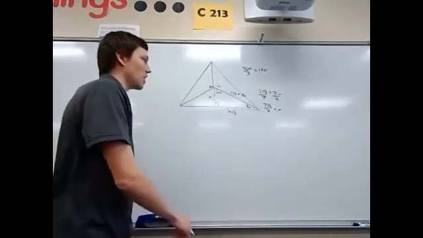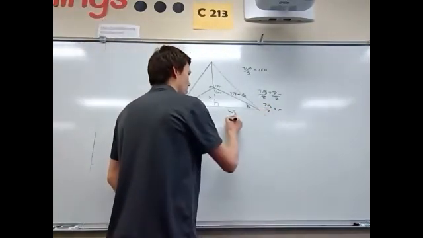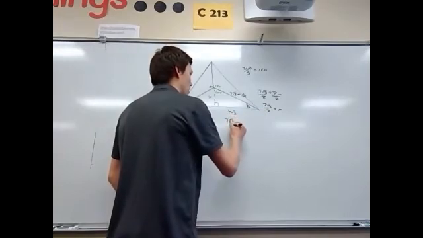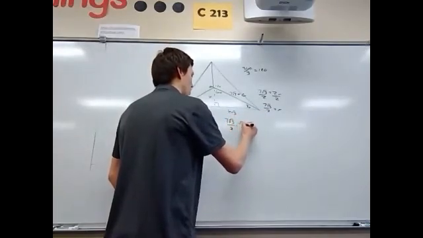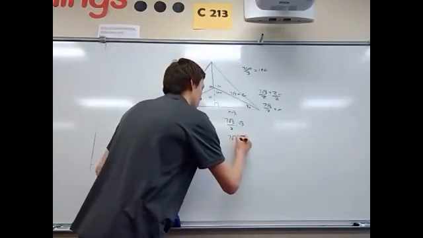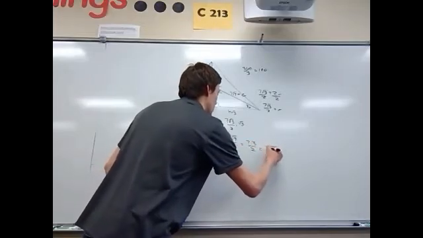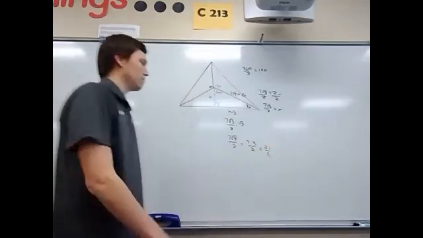So now from there, that's x, so that means 7 radical 3 all over 2 times radical 3 is going to be 7 radical 9 all over 2, which is 7 times 3 all over 2, which is 21 over 2.